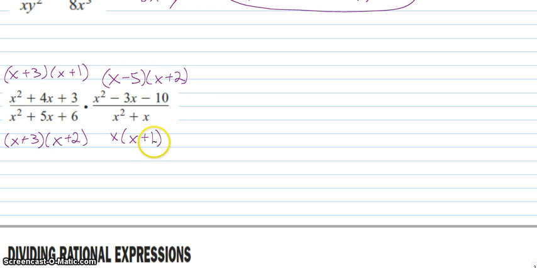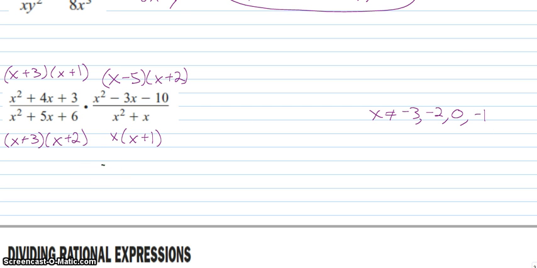So I've got everything factored. I have excluded values of, here I have negative 3, here I have negative 2, here I have a 0, and here I have negative 1.